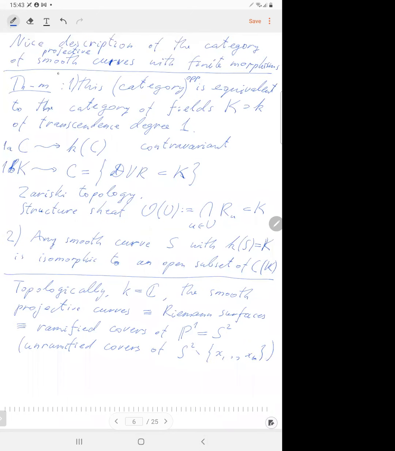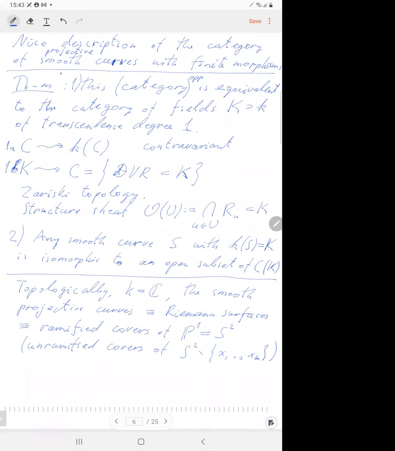Okay, and then there is, say, Galois theory of unramified covers. Namely, the covers are the same as subgroups of the fundamental group of S² minus these points.